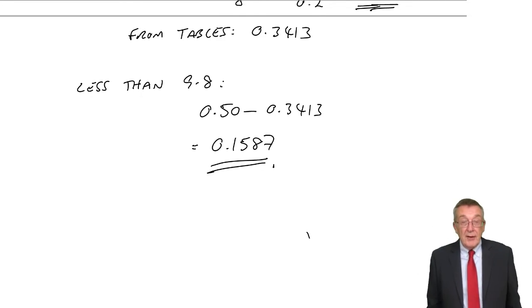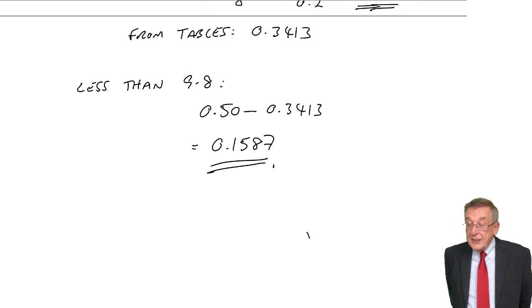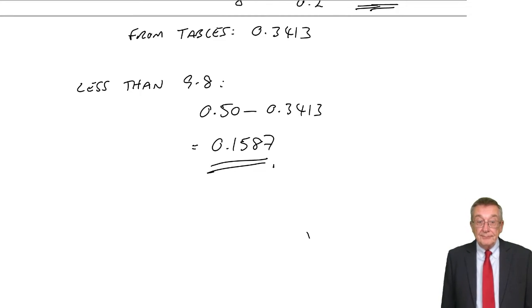That's the proportion of our units that will be less than 9.8, 0.1587 or 15.87%.